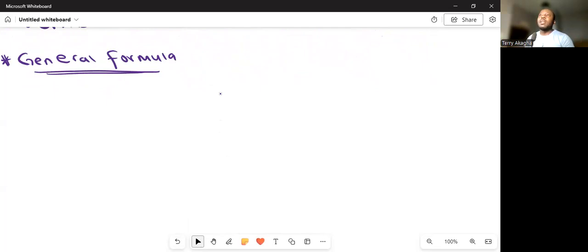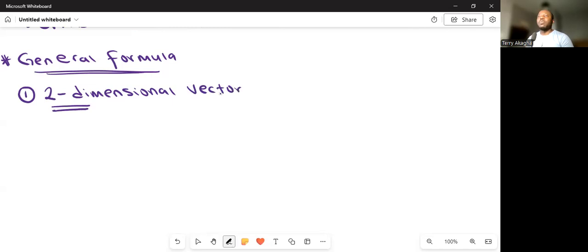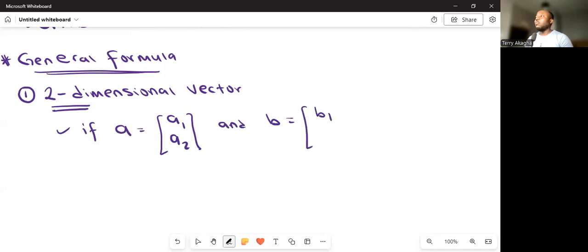Is that okay? Now, the first thing I'm going to do is the two-dimensional case. Remember we talked about two-dimensional vectors. So if it's a two-dimensional vector, how do you get the cross product? For instance, if you have A equal to A1 and A2, does that make sense? And B equal to B1 and B2.